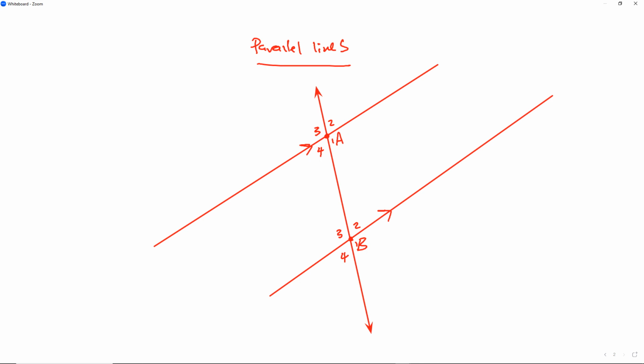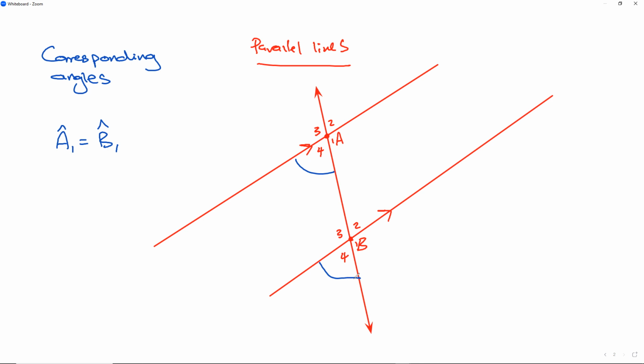Looking at parallel lines like this, I can see that A1 is equal to B1 because they're corresponding angles. Let's discover what corresponding angles are first. We know angle A1 is equal to angle B1, because they're both in the bottom right-hand side of the intersection of the transversal and parallel line.